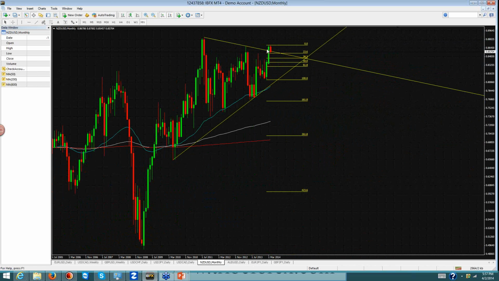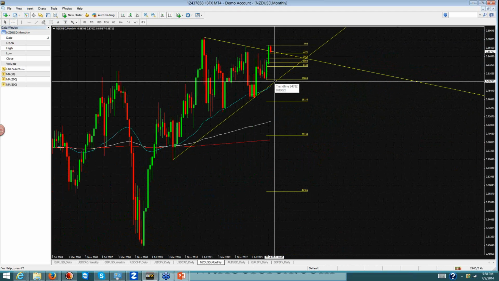You can see that price really peeked its head out of this area on the New Zealand dollar, and this is principally why we believe price has the opportunity to come down and find its way back to the bottom of this channel at 0.8020.